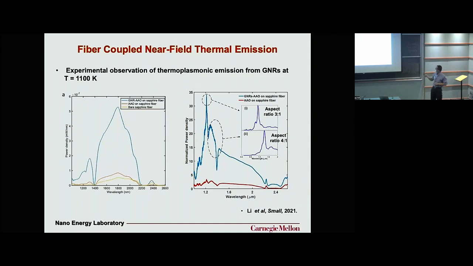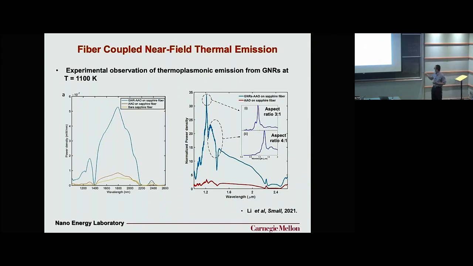Then we put the anodic aluminum oxide layer on top of the sapphire fiber, so we obtained this red curve. Once we grew the gold nanorod array inside this AAO layer, we obtained this blue curve. You can observe around 1 order of magnitude enhancement. This experiment also justifies that the thermal emission we measured from the fiber is essentially from the gold nanorod array.